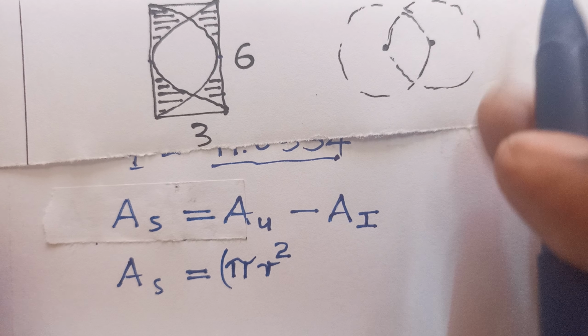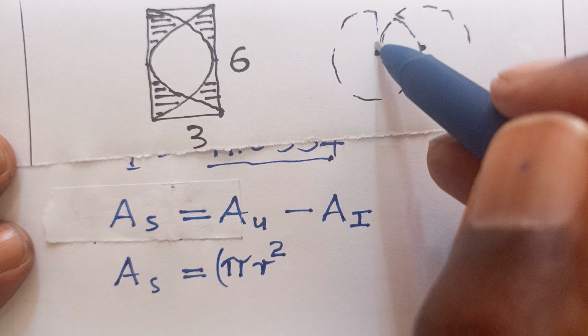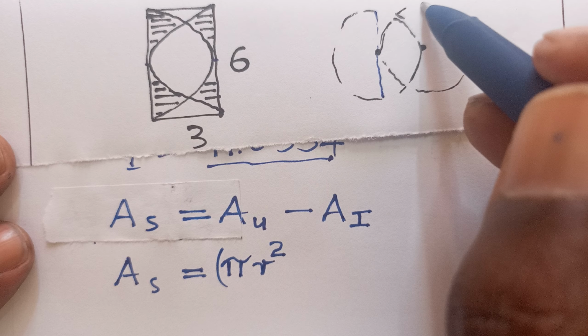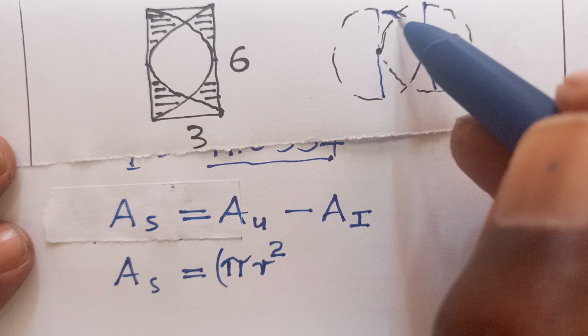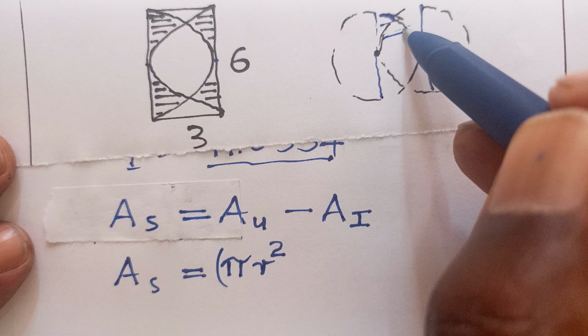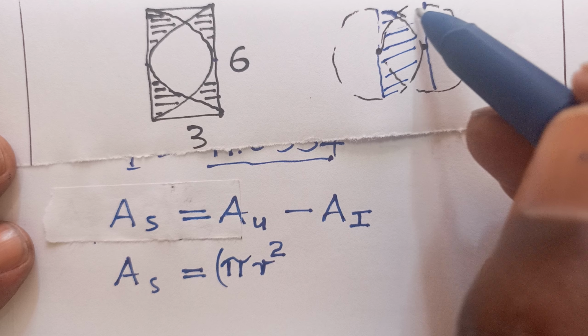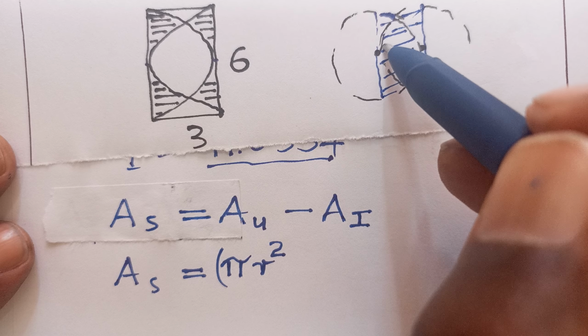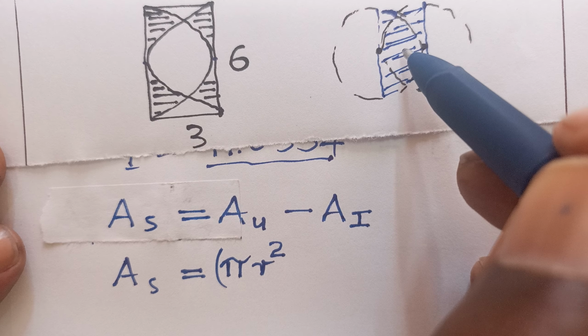If I shade this area for the first semicircle, and I come and shade this other area, you find that I will have calculated the intersection twice.